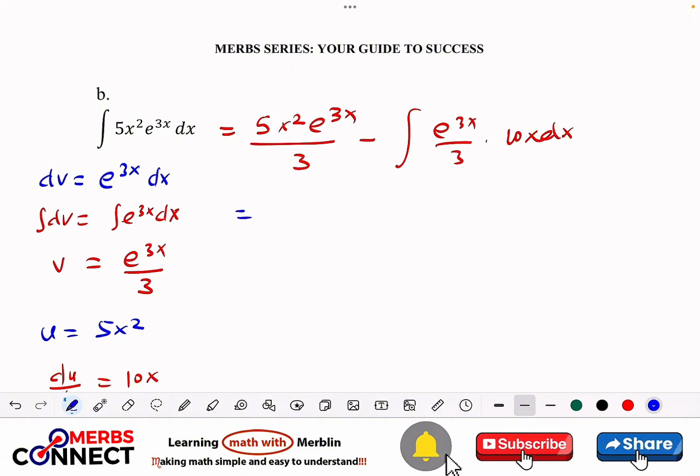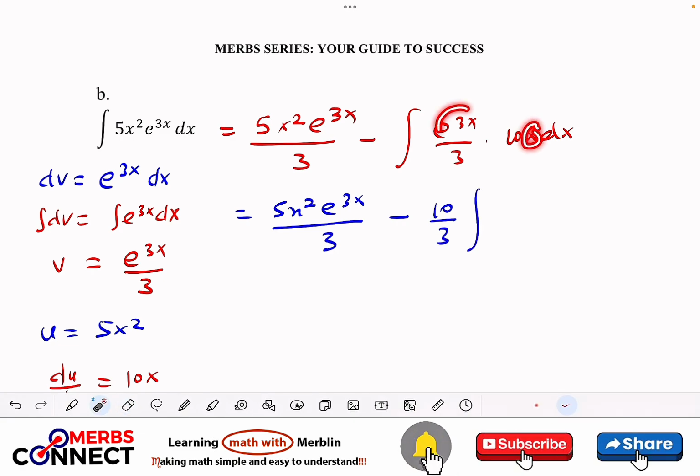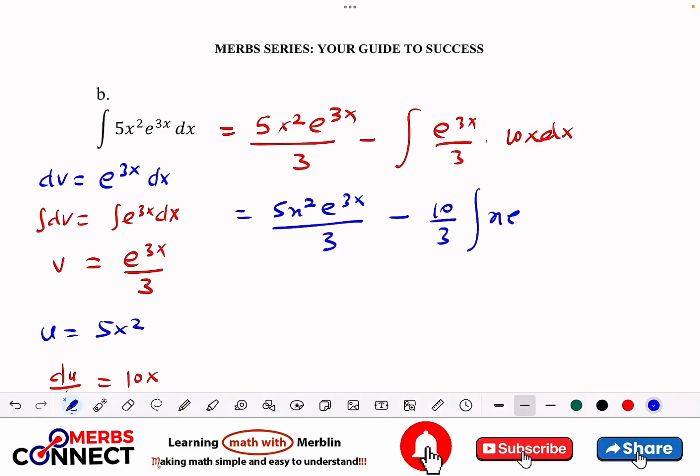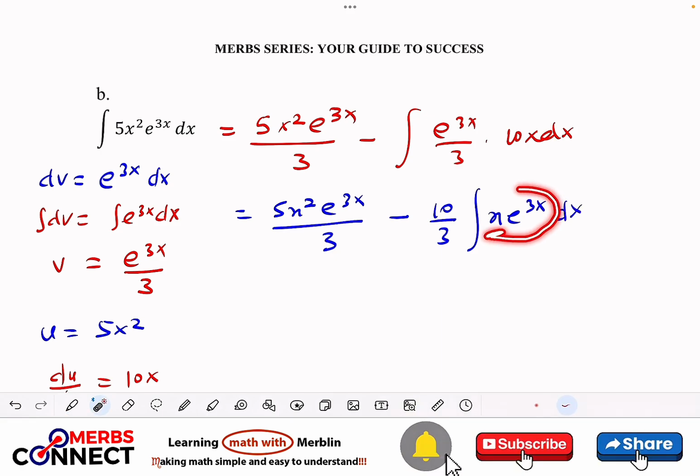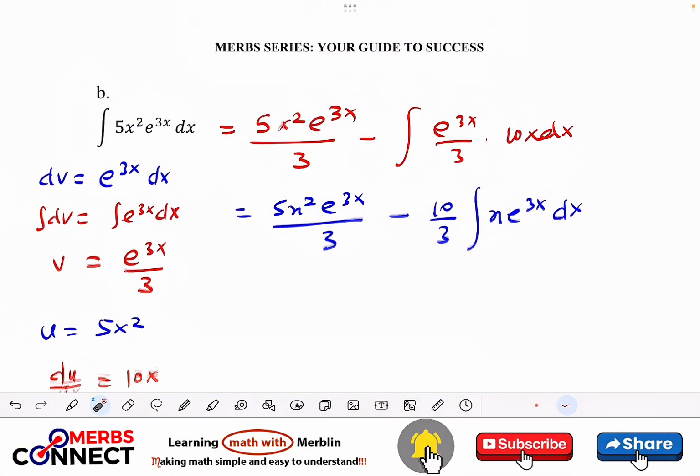So this is going to give us 5x squared e to the power 3x divided by 3 minus 10 divided by 3. Then when I multiply this and this again, I'm going to have x e to the power 3x dx. So I have another x here, so I need to do integration by parts again.